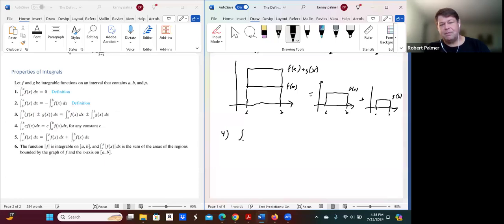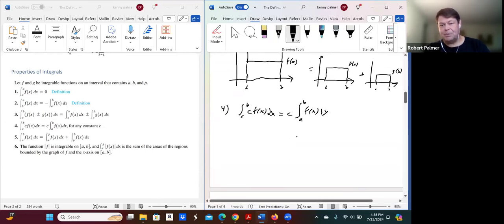So this one says if we have the definite integral from a to b of a constant times our function, f of x dx, we can pull the constant out front, and that's just c times that integral. And once again, if I draw a basic example of this, I'll just use a constant function to start off with to make it a little easier to see.